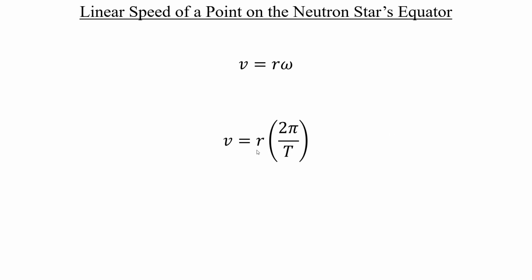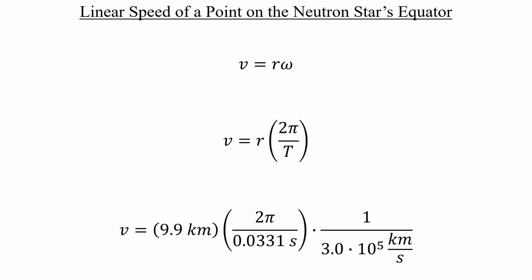Let's see, we have the radius, we have the period, and so this part here is really just plug and chug. One extra thing I'm going to include in this product is a conversion factor at the end, which will give us the linear speed in terms of the speed of light, which is this value here in kilometers per second.